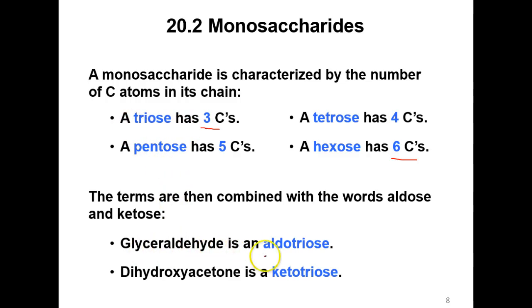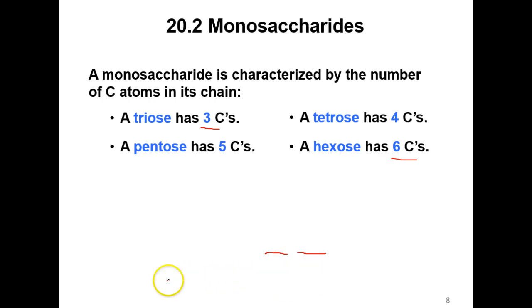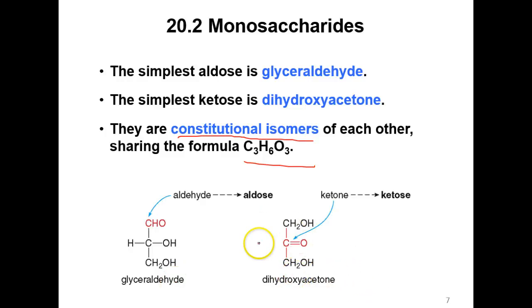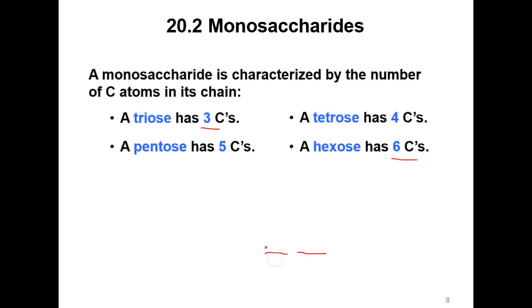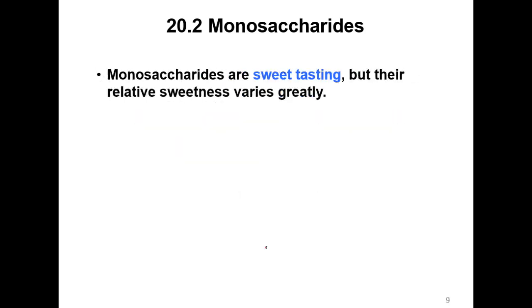So glyceraldehyde is an example of an aldotriose. Aldo meaning aldehyde, triose meaning 3 carbons. Or a ketotriose, which is like this compound, dihydroxyacetone. Ketotriose, keto for a ketone, and triose because there are 3 carbons on it. All right, so just some nomenclature.